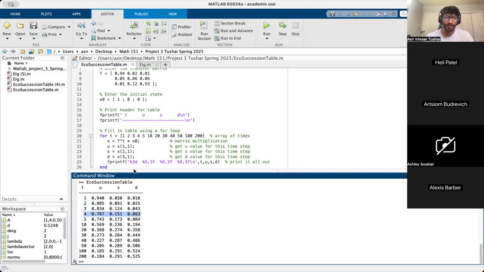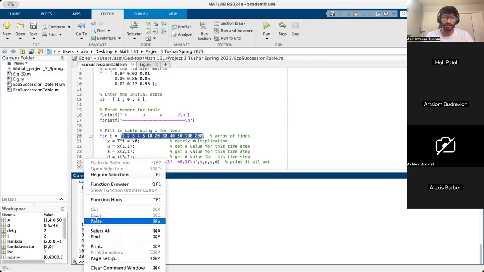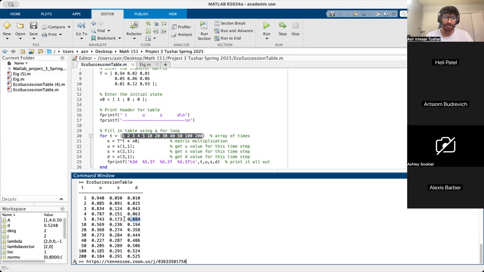You will have to modify the T according to the number of years I'm asking you in the problem, and it should just give you the value of the components. So it's pretty easy. You can just write this in the report, or you can screenshot from here and paste it in the report.